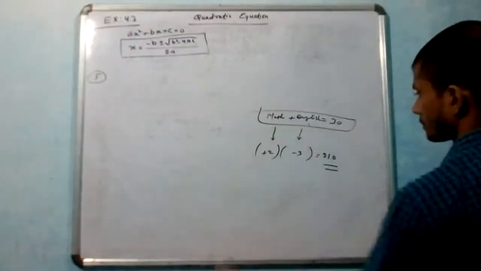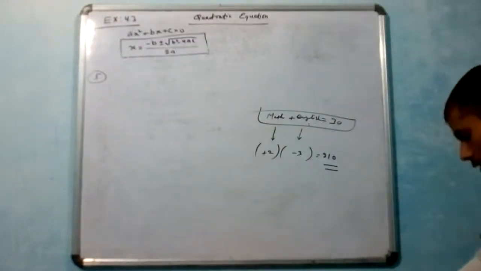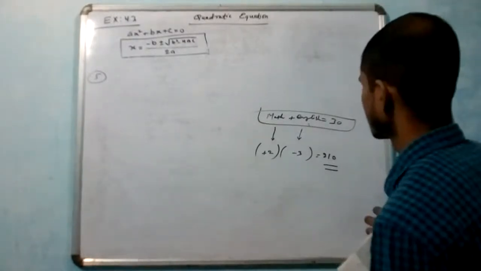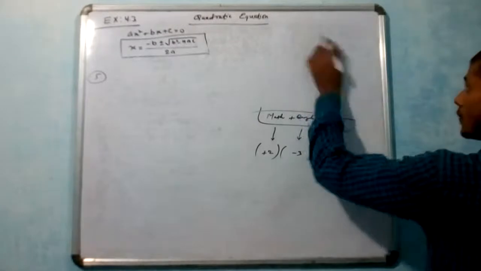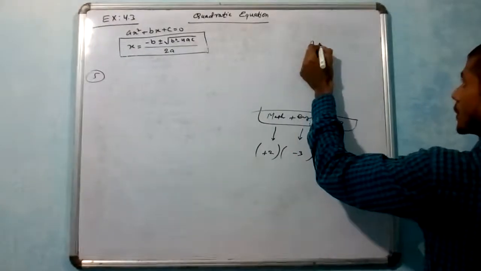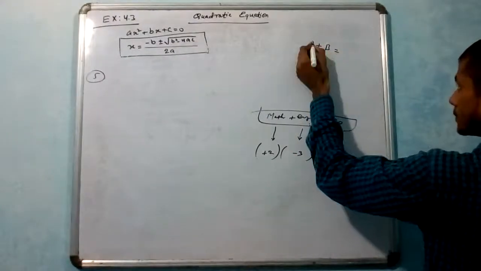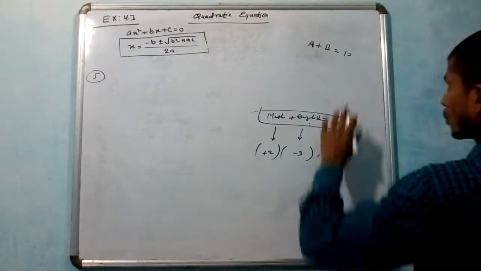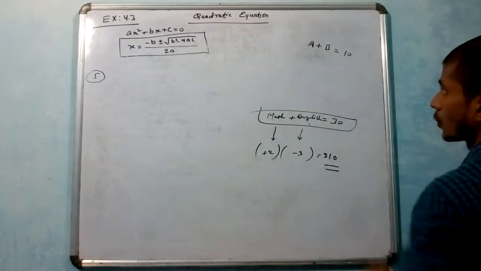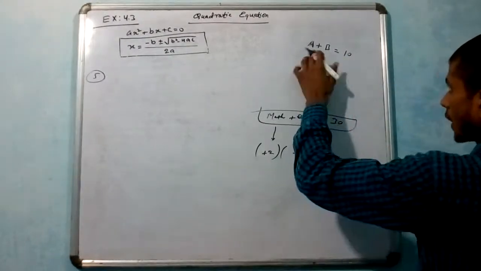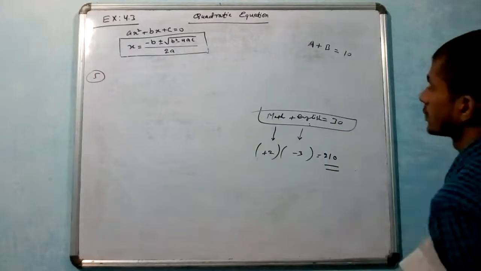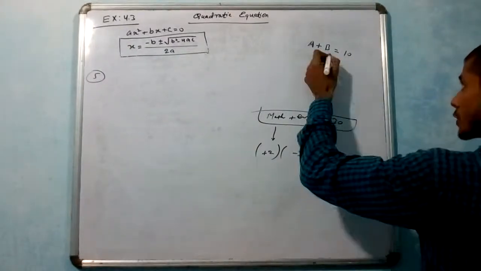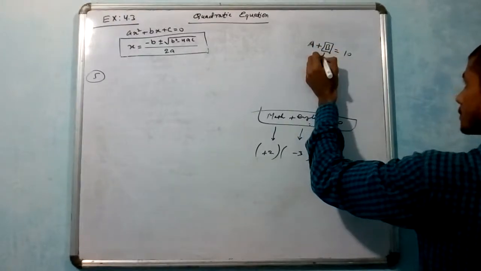Suppose you have two numbers, a plus b is 10. If you know what b is, or if you know what a is, any one, can you find the other? Can you tell the other with respect to the first? For example, I know this is 2, then how can I get a?